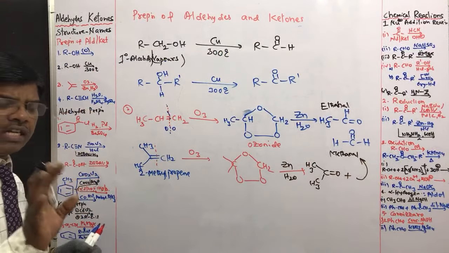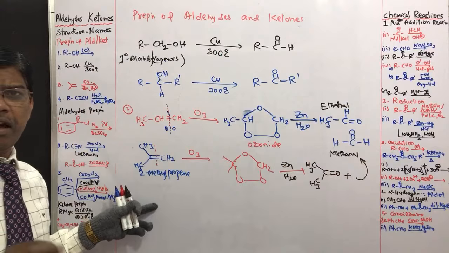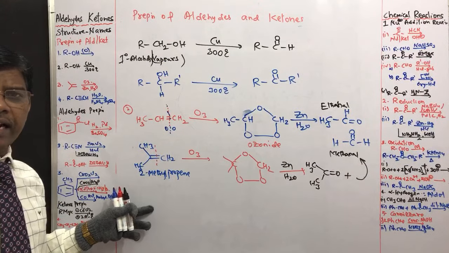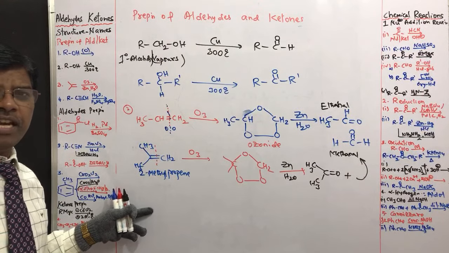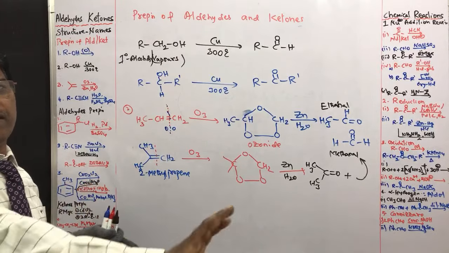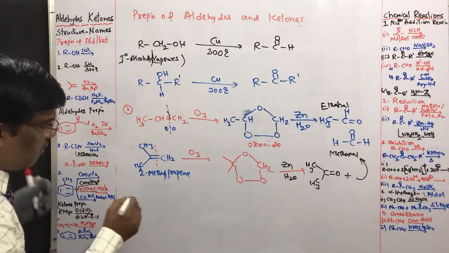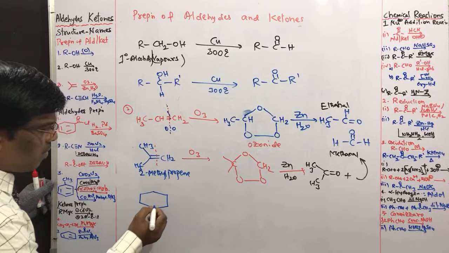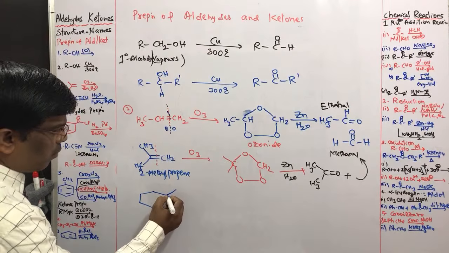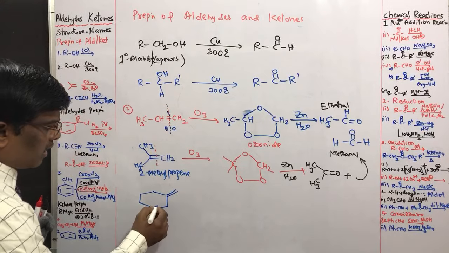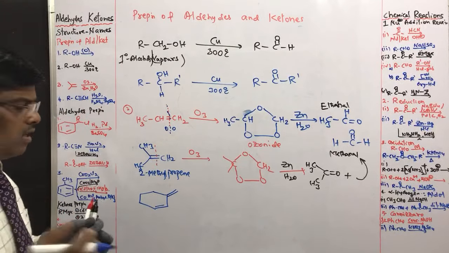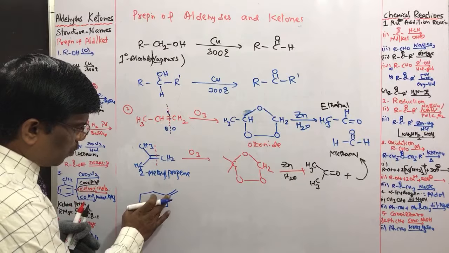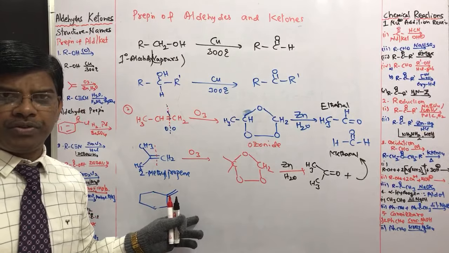Dear students, whatever the compound, it has been asked in all entrance exams, especially JEE Mains and NEET. Every time you are going to get one question. They will simply take cyclohexene and put a double bond here or here, wherever they want, and they will ask for the compounds.